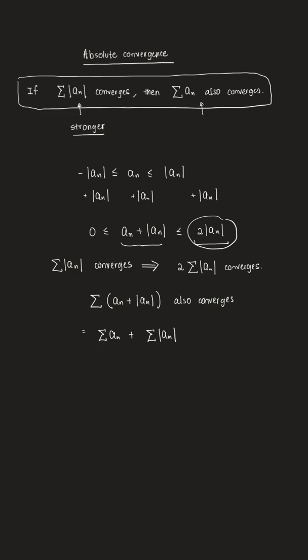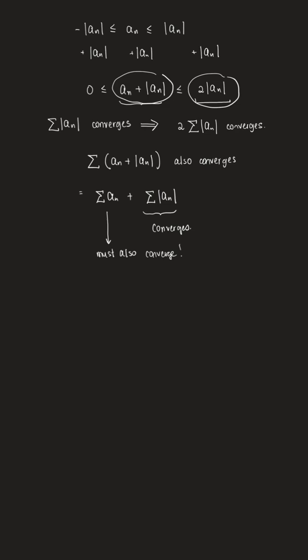We know the absolute value series converges, since that was given. Since the whole sum must converge, the series of a sub n must also converge. And we're done. That's a short proof that if a series converges when you take the terms in absolute value, then the series without absolute value will also converge.